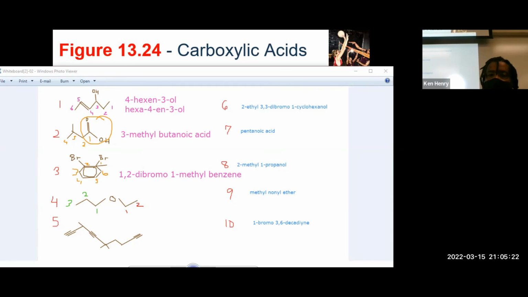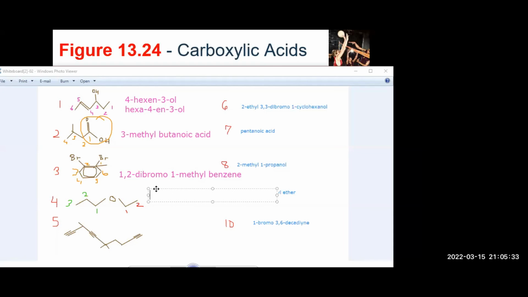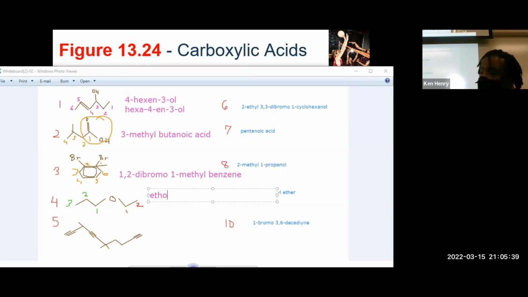So what would this be called? Ethoxypropane, not propyl.